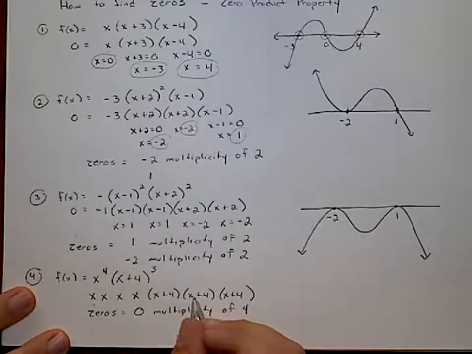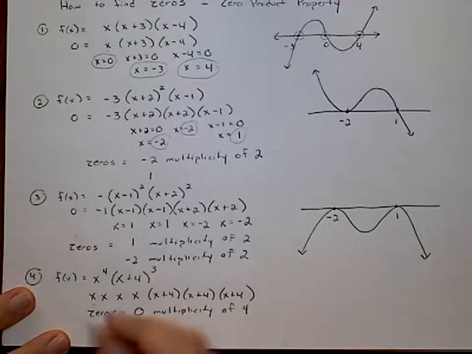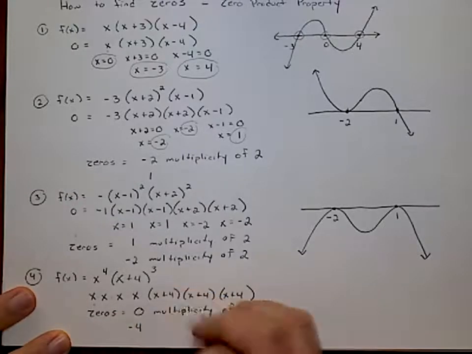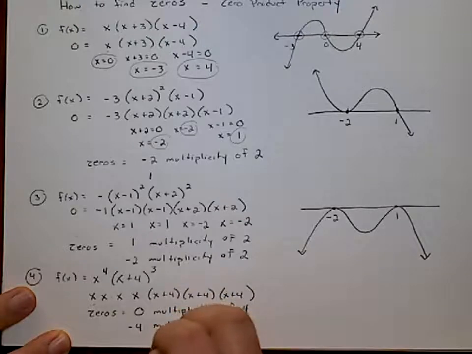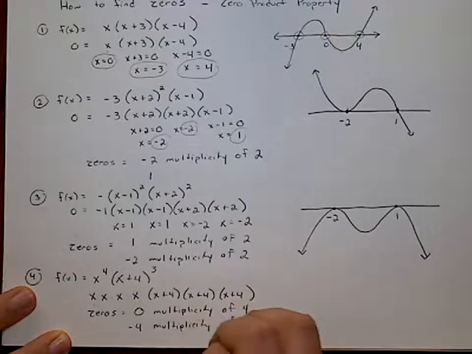Now, x plus 4 happens 3 times. What is the 0 of x plus 4? What makes x plus 4 0? Negative 4. Now, negative 4 has a multiplicity of 3.